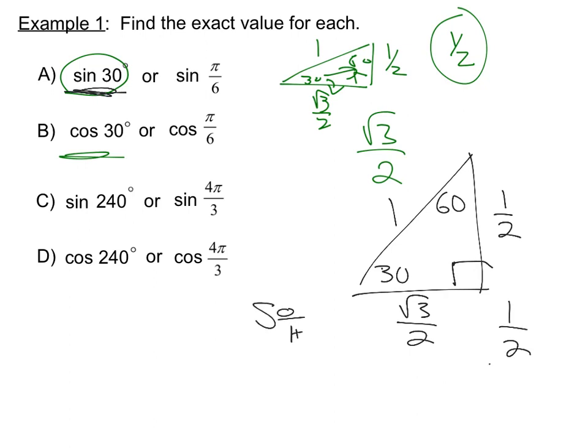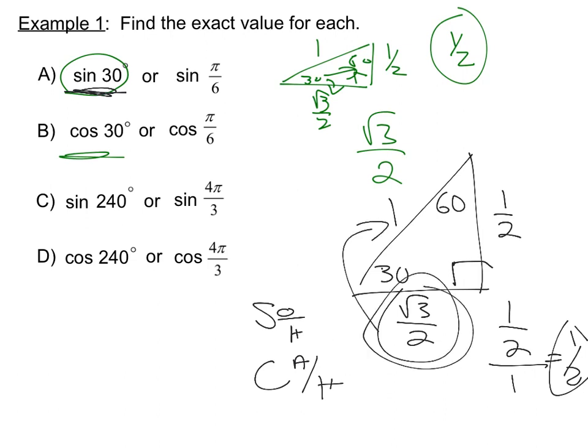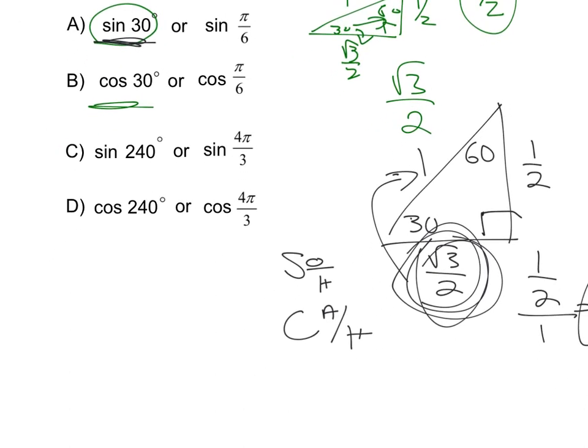So all I've got is 1/2 over 1, which is just 1/2. That's all it is. All right, cosine is adjacent over hypotenuse. So that's the adjacent over the hypotenuse, which is the same thing, square root of 3 over 2 over 1, which is just square root of 3 over 2. All right, so that's a different way to think about it.